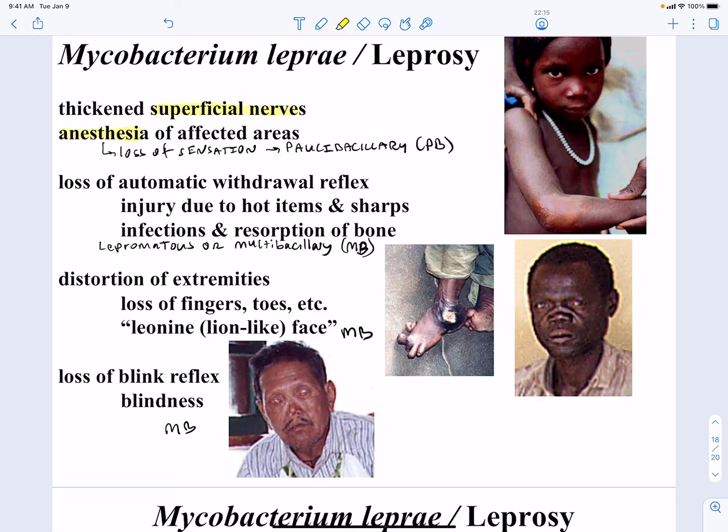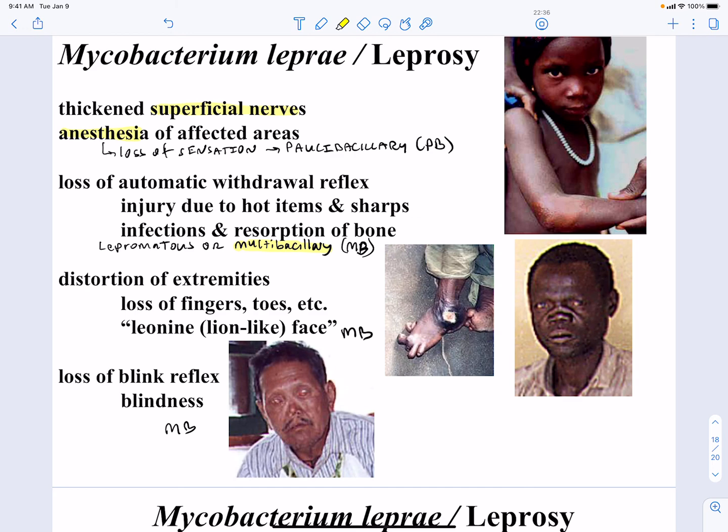And when you start getting into more dissemination, that goes towards a multibacillary form of leprosy. You start to lose the ability to pull your hand away from hot objects and sharp objects. You have a thickening of the nerves.